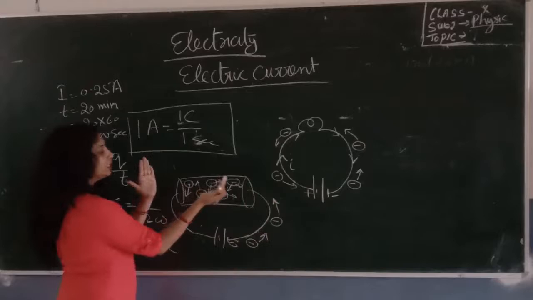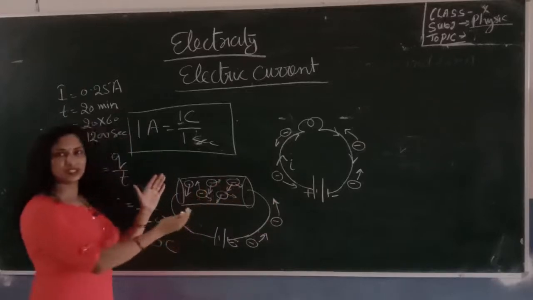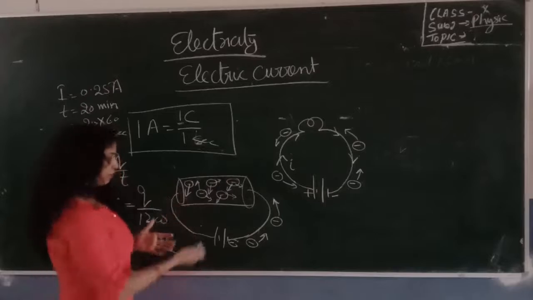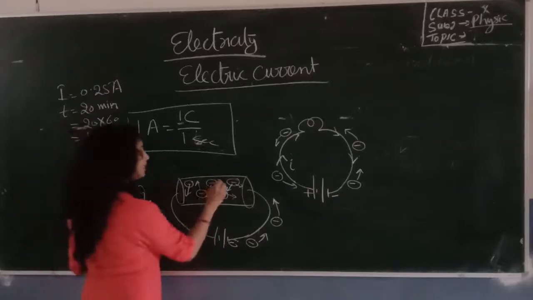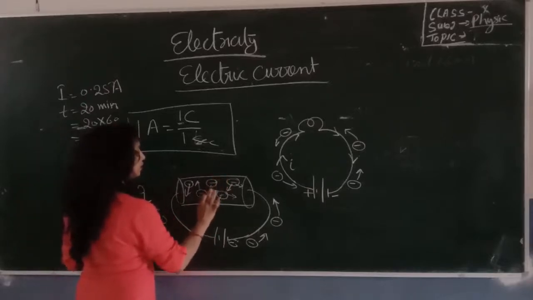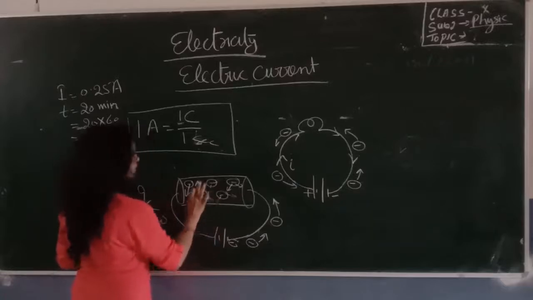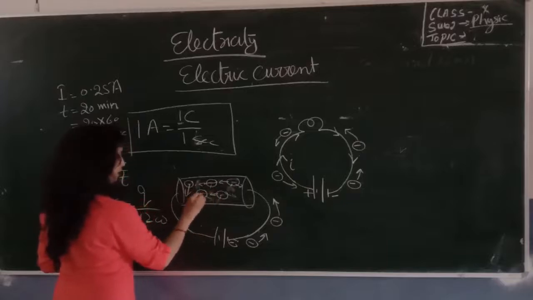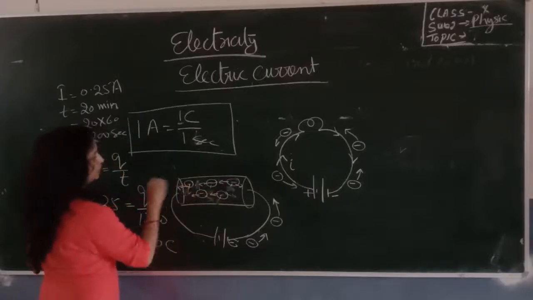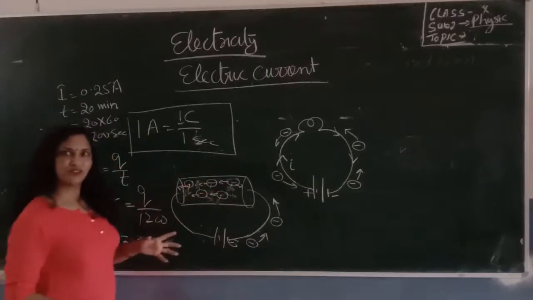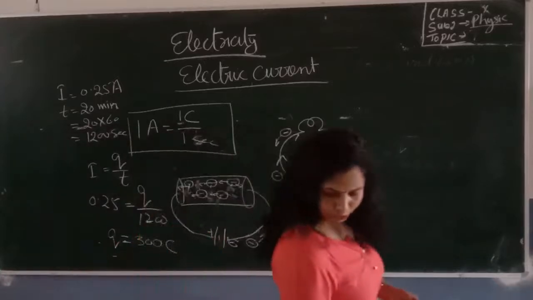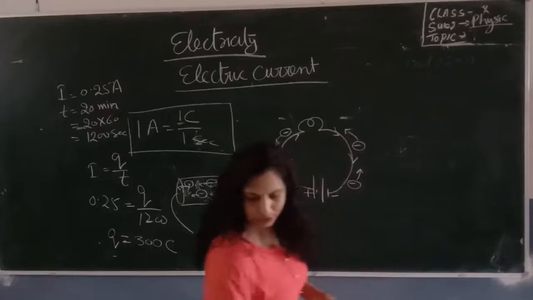So the free electrons, which are initially moving randomly in the matter, get direction due to this cell or battery, and then they start moving towards the positive terminal like this. So that's how they get the direction of flow. So this is the direction of how the current is flowing in the wire.